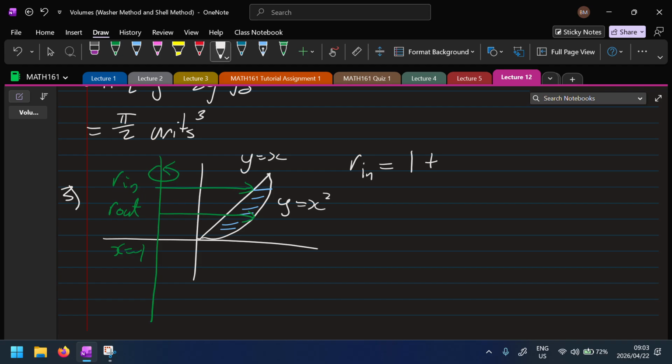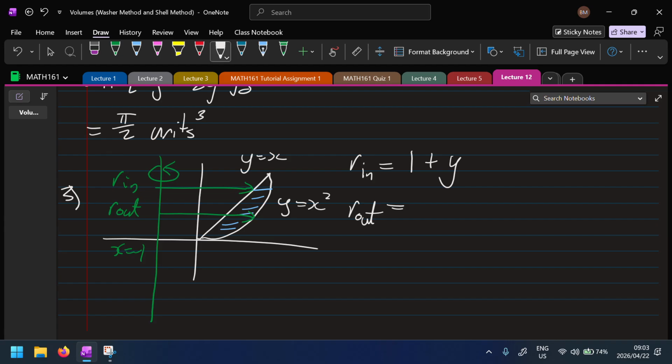What distance is that going to be? The distance there is x. But remember, this is rotated around a vertical axis, so we need it in terms of y. That distance is x there, but x equals y, so it will be 1 plus y.